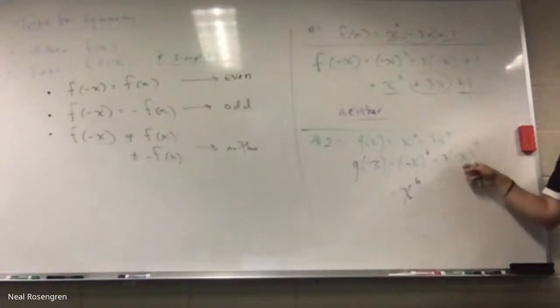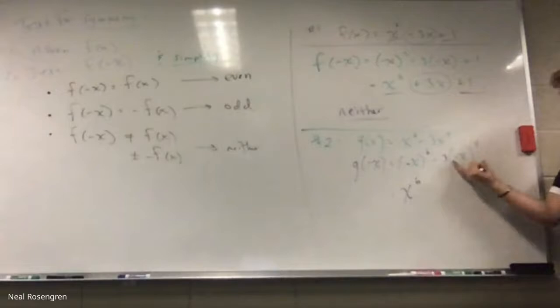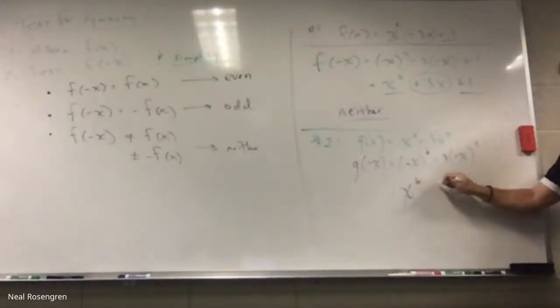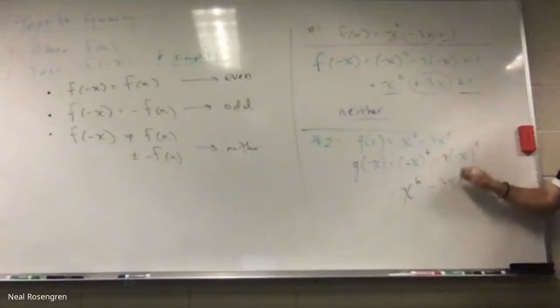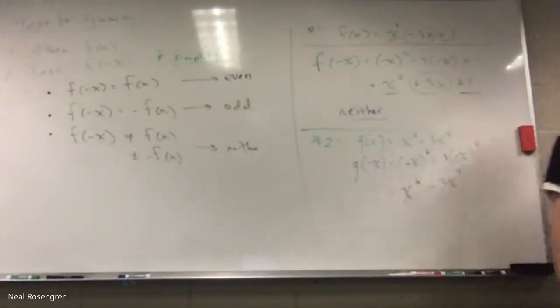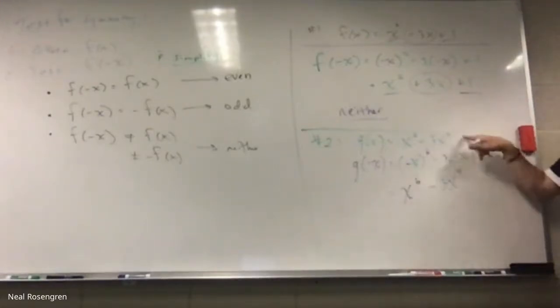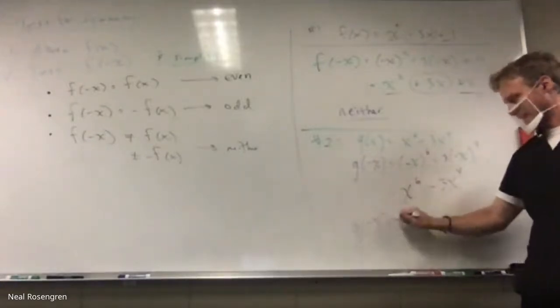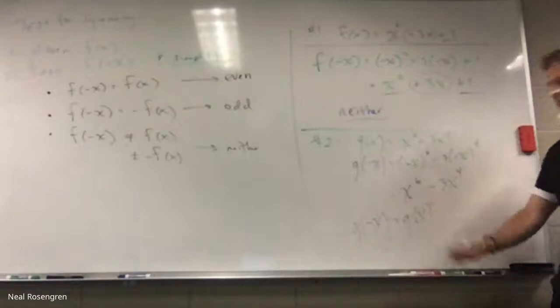A negative number times itself an even number of times, this part won't change. So this is positive x to the 4th. So negative 3 times positive x to the 4th is negative 3x to the 4th. Is that the exact same thing as you got up here? Then tell me that. Say g of negative x is the exact same thing as g of x.